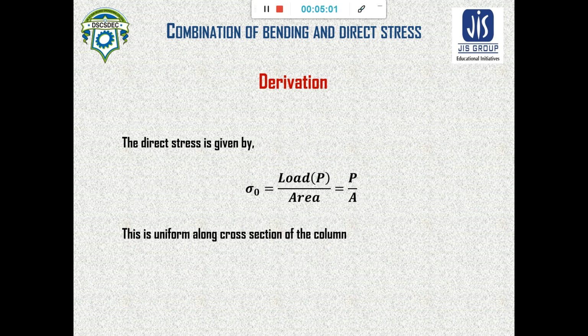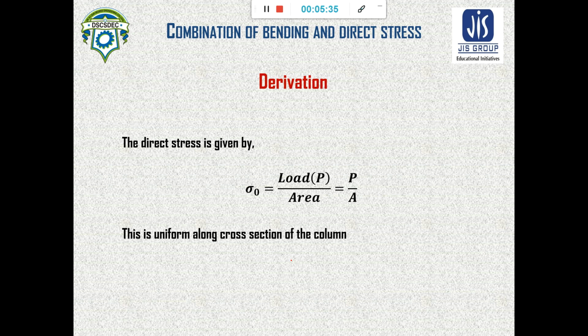Now this direct stress calculation is very easy. If the load P is acting on the body, the body will oppose that force, and the value of the opposing force will be equal, because of Newton's third law.